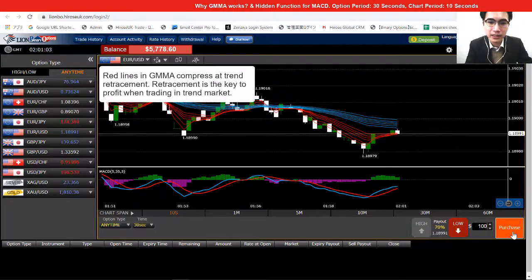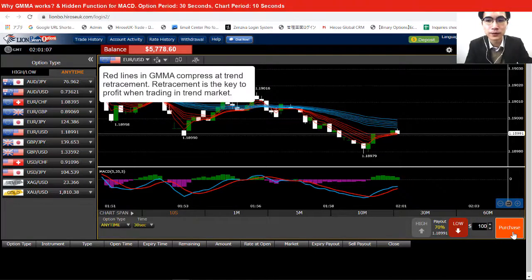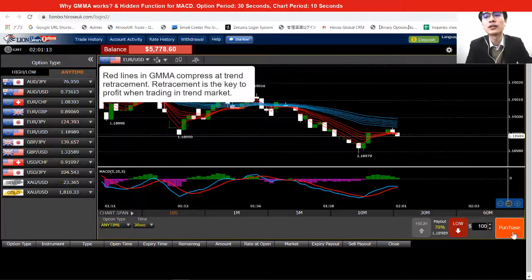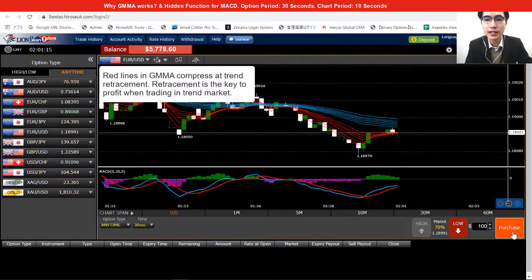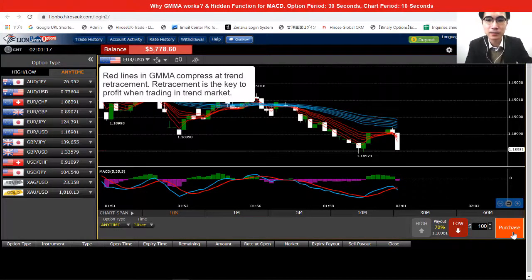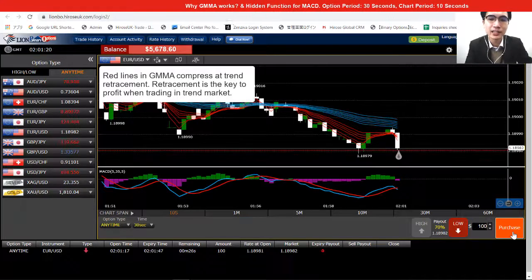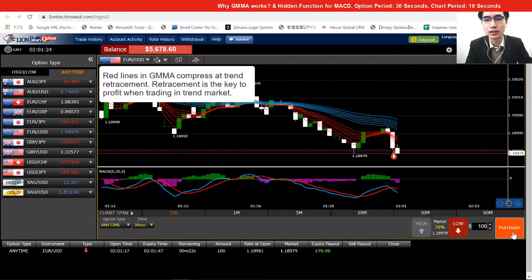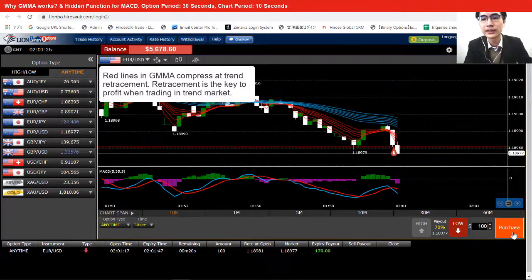So the GMMA tells me when the upward movement changes to downward, which is when the compression starts to expand. That's when I want to open my trade. So that's why the GMMA is my favorite indicator, because it tells me the points that I want to know to open a position.